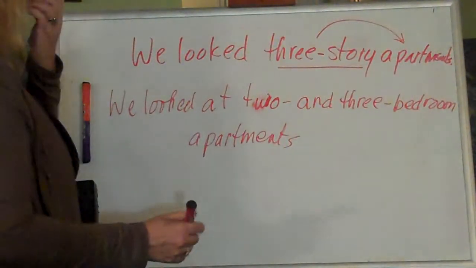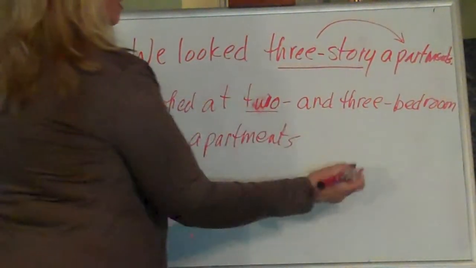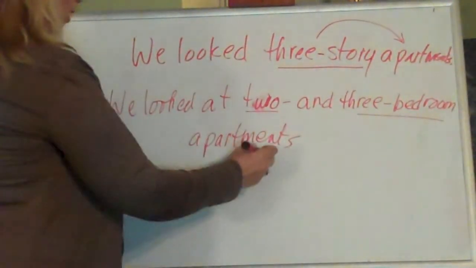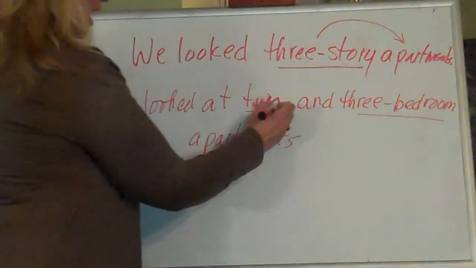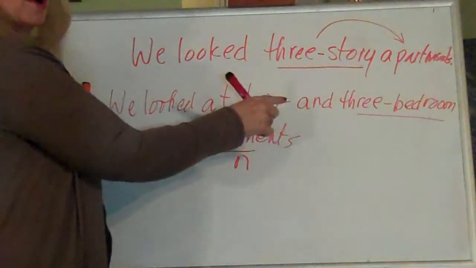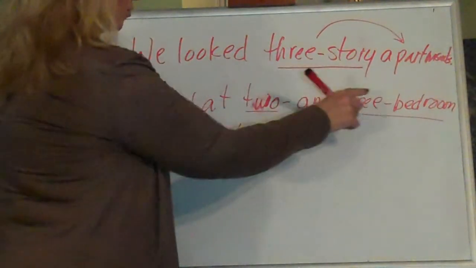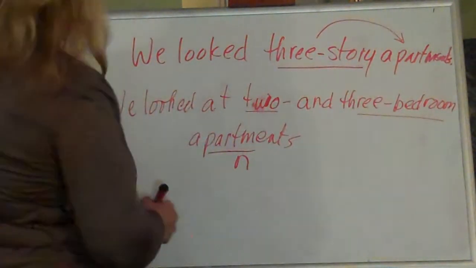Okay? Here's the thing. If I'm saying that we looked at 2-bedroom apartments and we looked at 3-bedroom apartments, remember these are coming before the noun they modify, I have to put a hyphen here and here to signify that they both apply to this 2-bedroom, 3-bedroom, referring to apartments, okay?